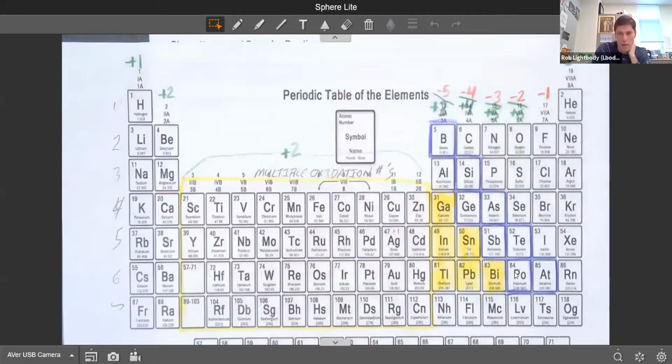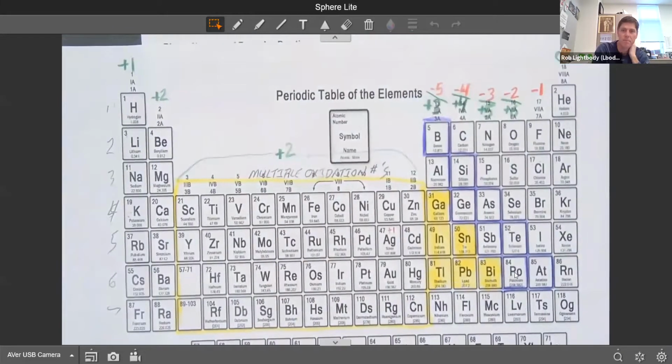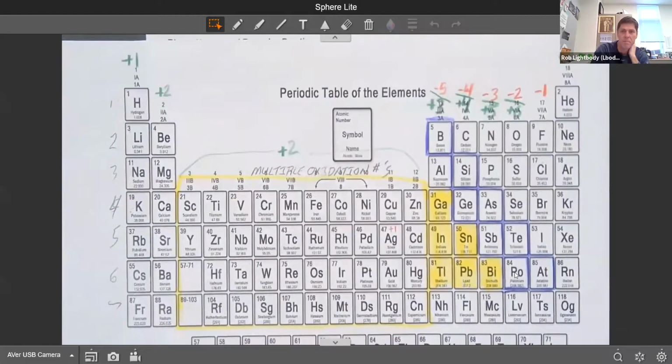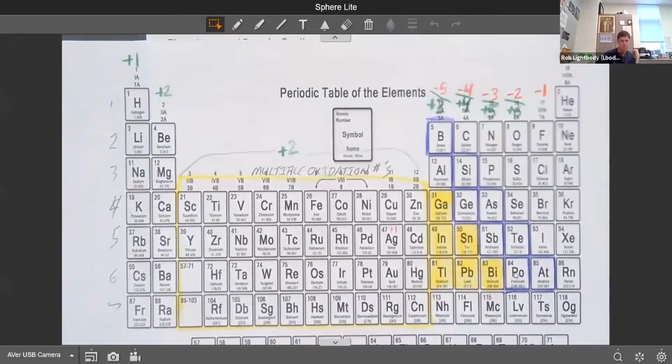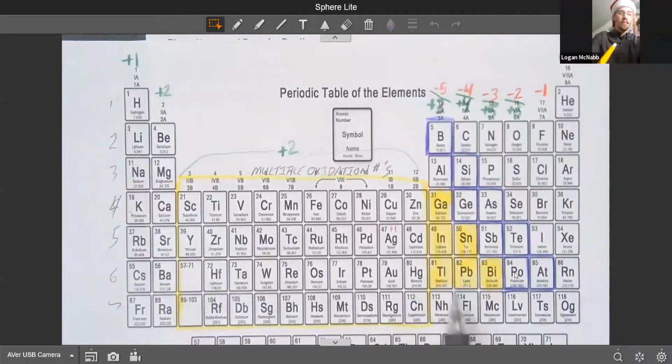It'll help you memorize it, because if you take the AP test, I'm pretty sure they won't give you that. And the multiple oxidation numbers, that's definitely covered in a video, so you might want to watch that, especially for the ones down here in yellow or highlighted.